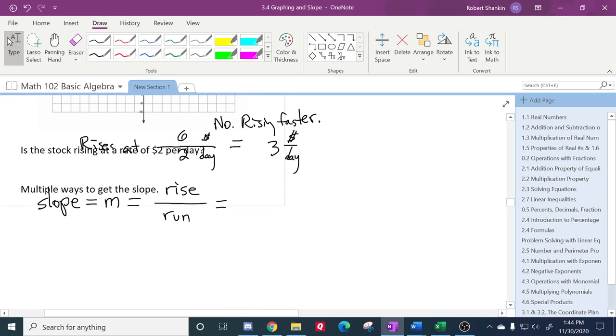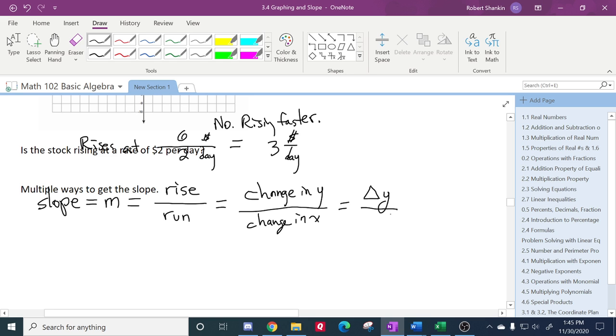So we call it the change in y over the change in x. And we use a Greek letter, delta, looks like a little triangle. That means change in y over the change in x.